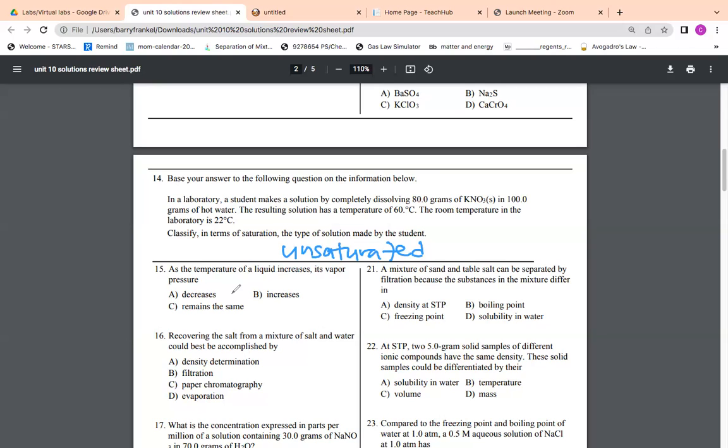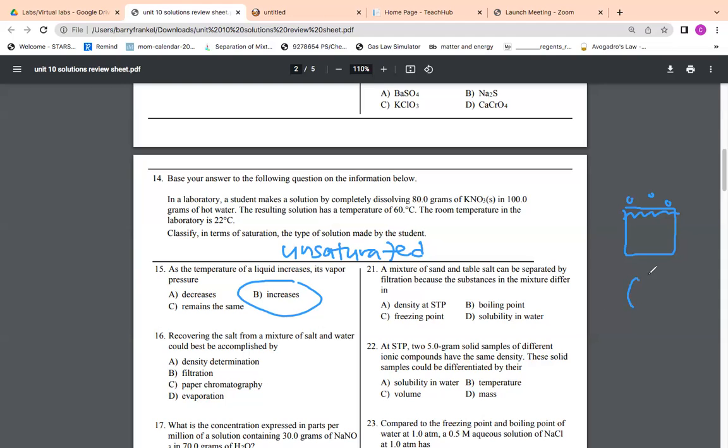Number 15. As the temperature of a liquid increases, its vapor pressure does what? Okay, so this is increases. Again, let's say we have a little cup of water. At room temperature, it evaporates, but really, really slowly because there's not that much heat. It's room temperature, so there's a few water vapor particles above it.